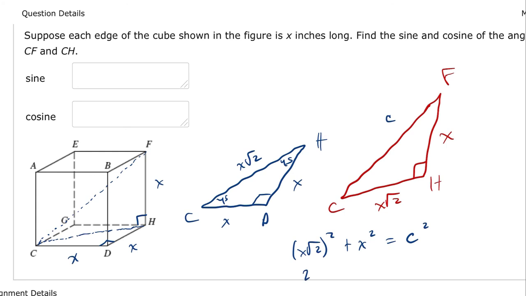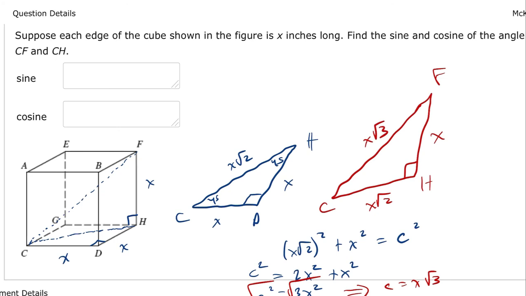So you get 2x squared plus x squared, which is equal to c squared. C squared is going to equal 3x squared. So if you take the square root, you're going to get c is equal to x radical 3.